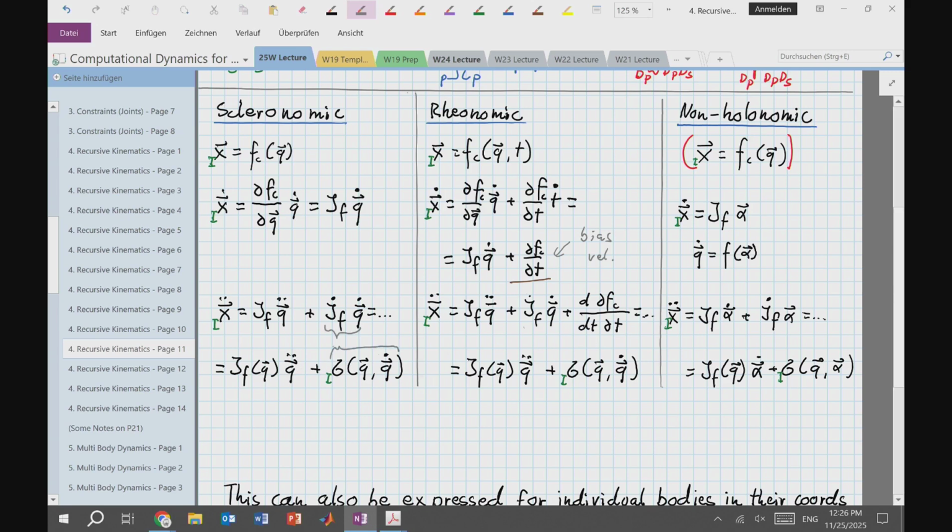So this thing here corresponds to the sigma here, which depends on q and q dot. And this is what I will call a bias acceleration. With the same idea: if I don't have a q double dot, so my joint velocities are constant and I have no acceleration in the joint, this term back here, the bias acceleration, would still give me some acceleration in x.